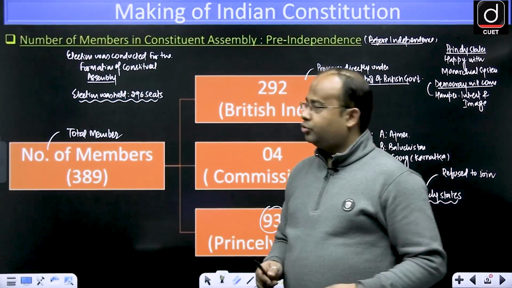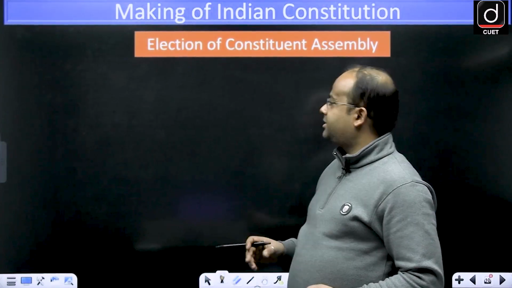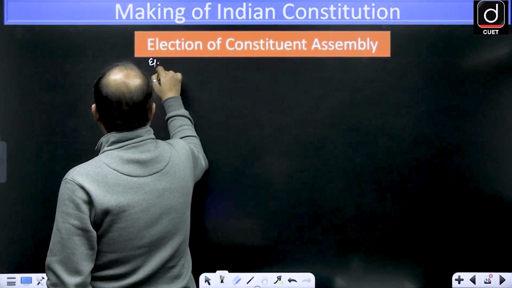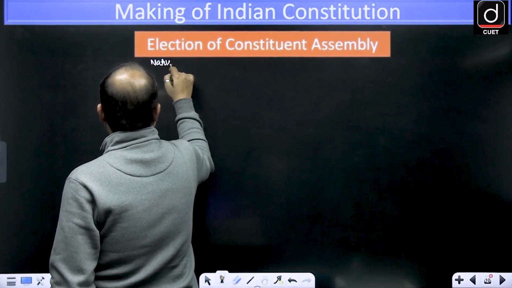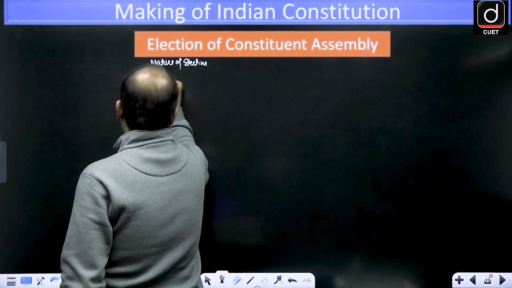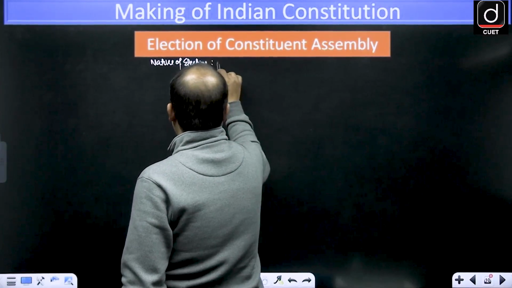Now let's come to the next thing, how the election was conducted. Guys, what was the nature of the election of the Constituent Assembly?